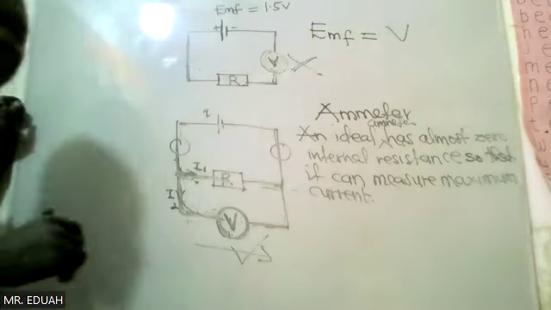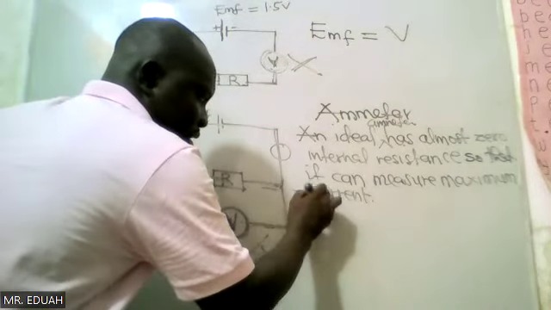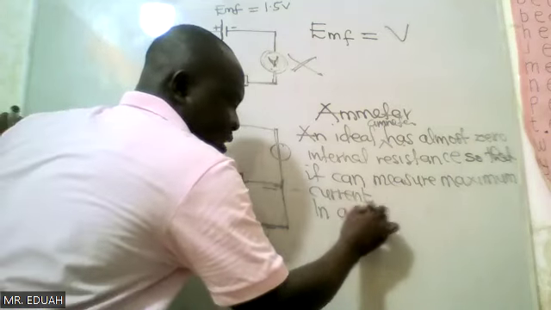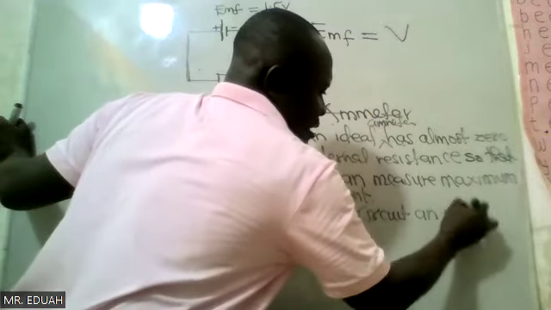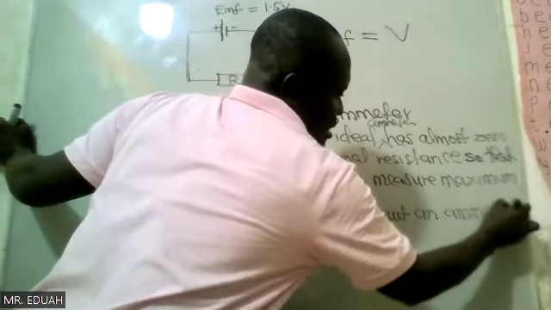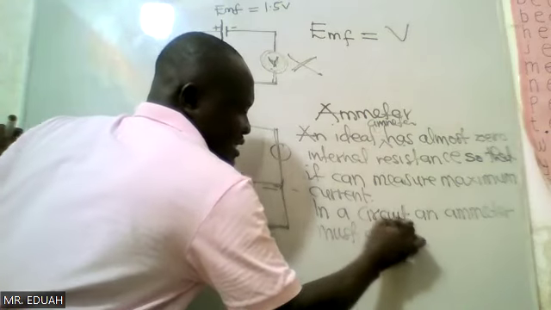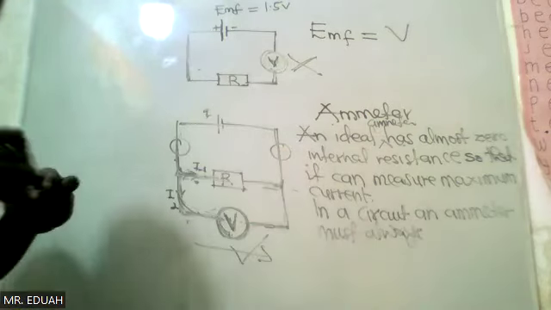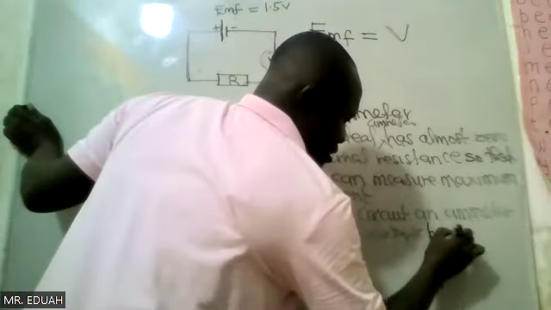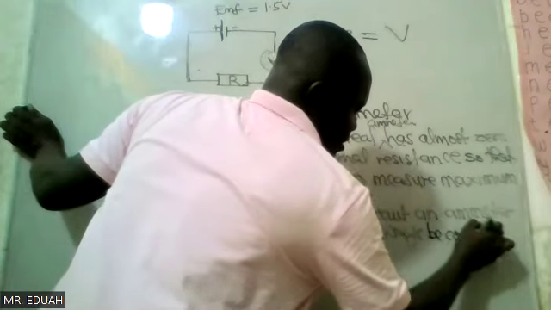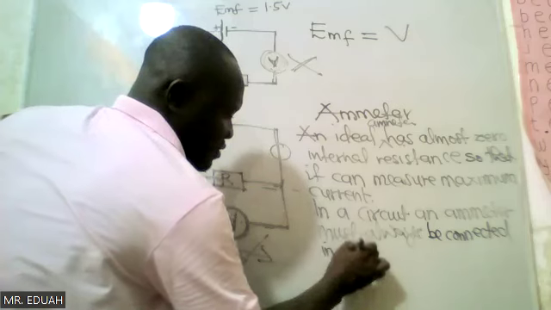In a circuit, an ammeter must always be connected in series.